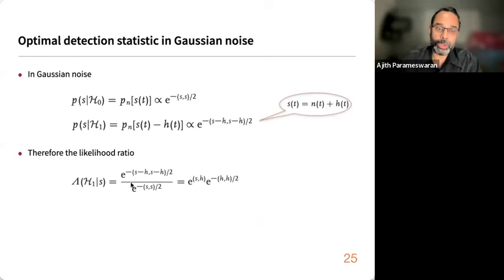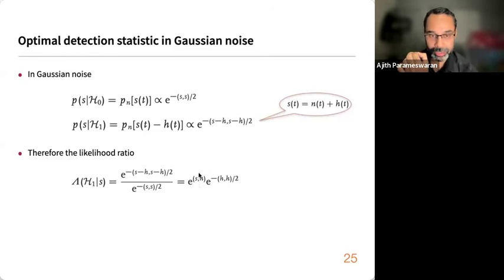The likelihood ratio is the ratio between these two. If you expand S minus H, S minus H, you have terms SS, HH, and 2SH. Since the denominator also has an SS term, that cancels out, so only two terms remain in the numerator: H and H, and S and H. Now, what is the part that actually depends on the data S?